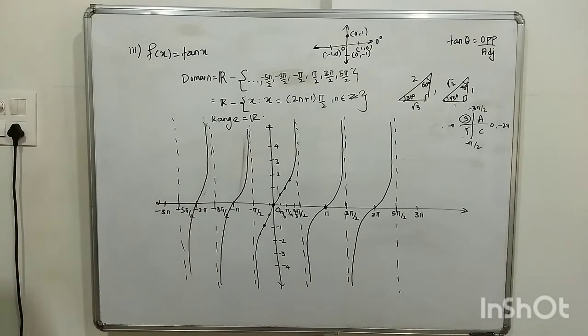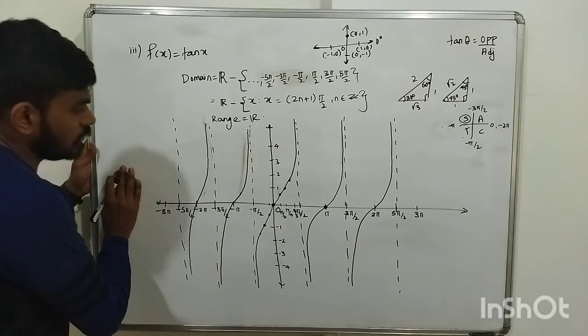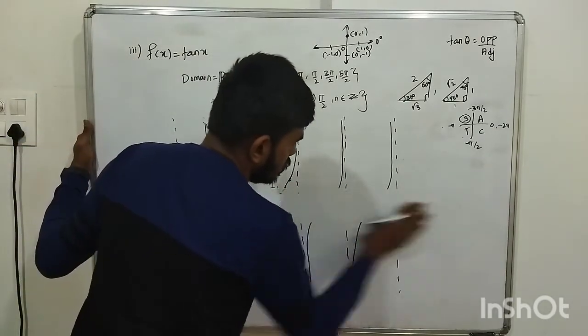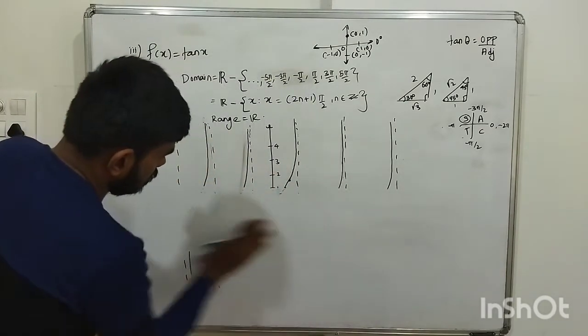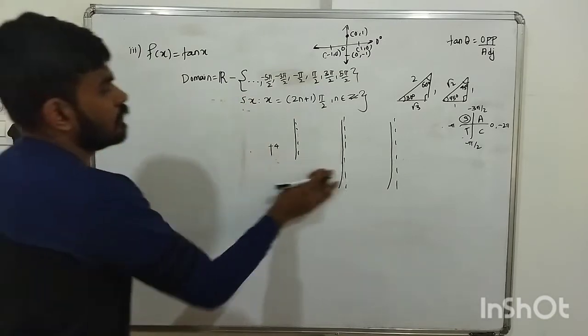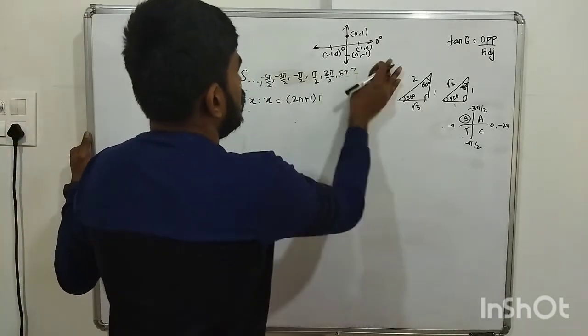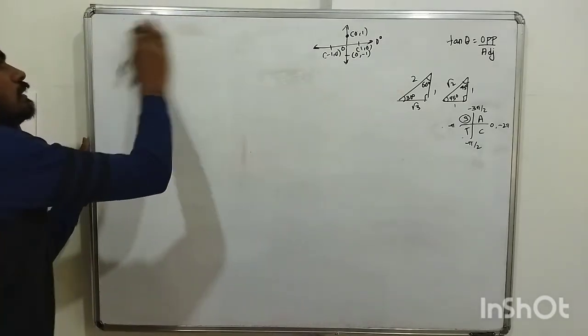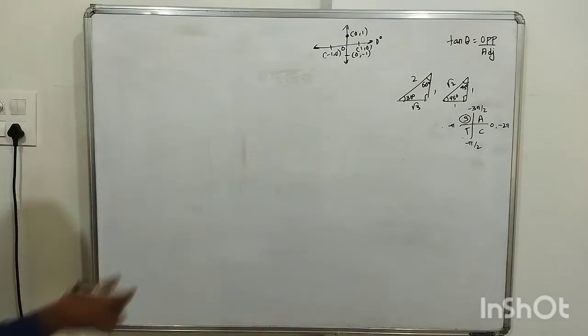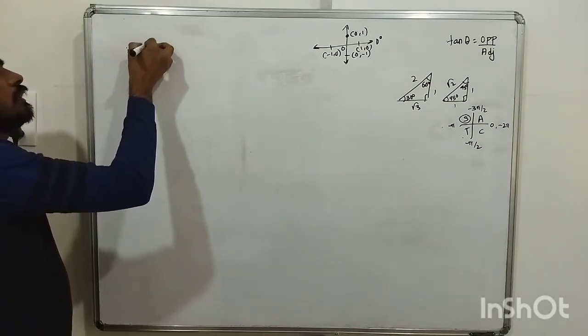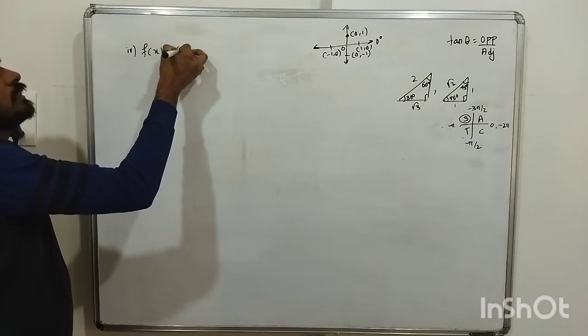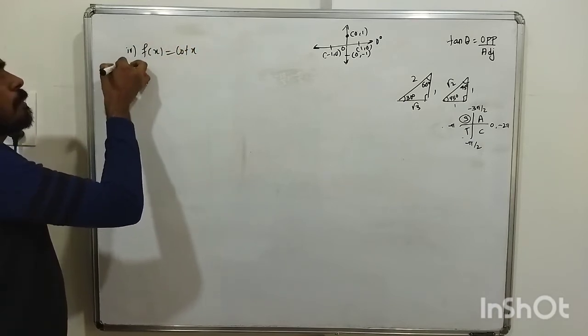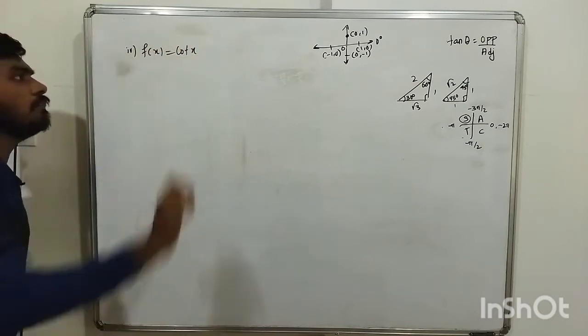Okay, next, understood this? F of x equal to tan x we did. Next, fourth one, we will see f of x is equal to cot x. The graph for this we will see.